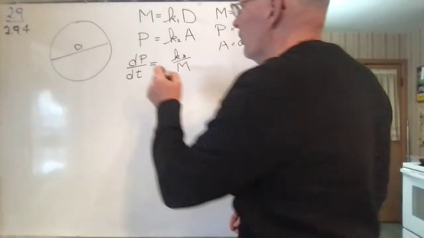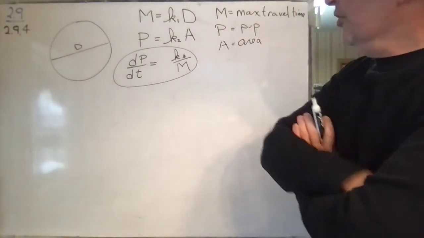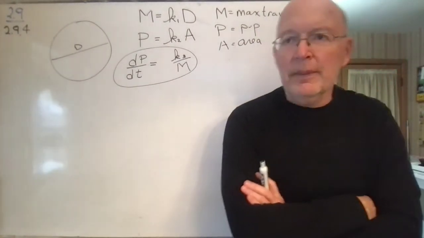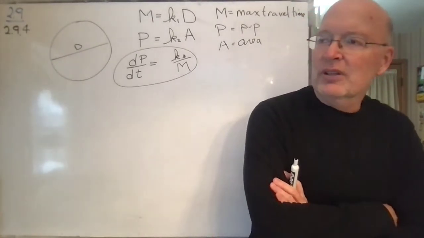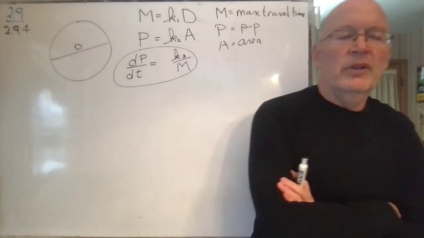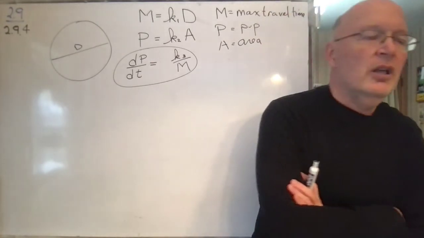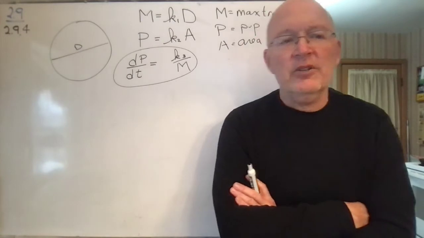And then here's the last one. What about this one? The rate of increase is inversely proportional to the maximum travel time. Why would that be an assumption to make? What do those things have to do with each other? The rate at which the population is going to increase, why would that have anything to do with the maximum travel time?